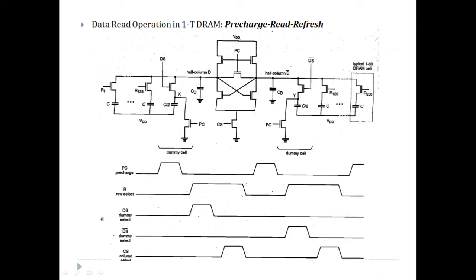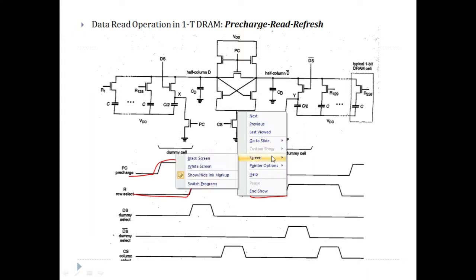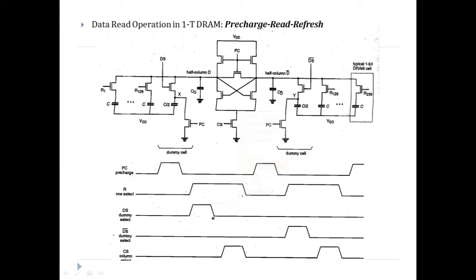So that's about the circuit configuration. Now here you can see there is a pre-charge cycle, and there is another cycle which is non-overlapping with this pre-charge cycle. These two signals are non-overlapping, and they are used for the pre-charge and read operation.